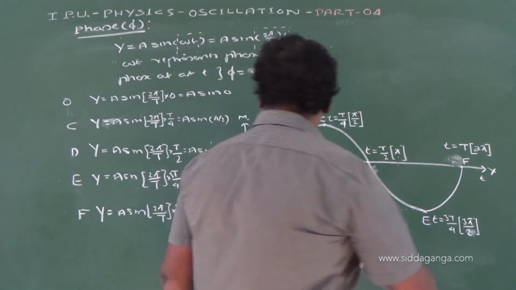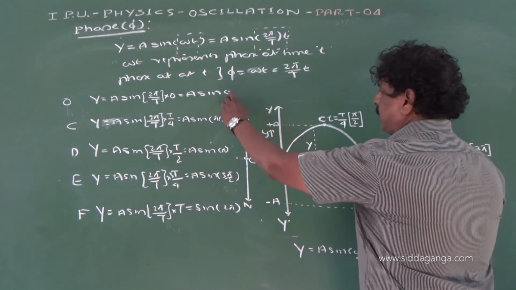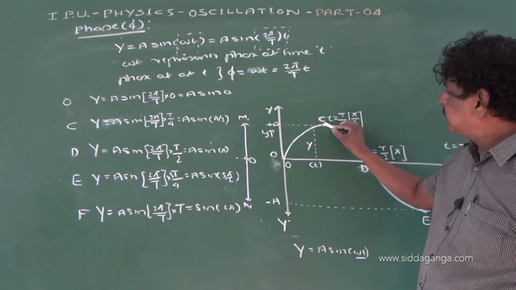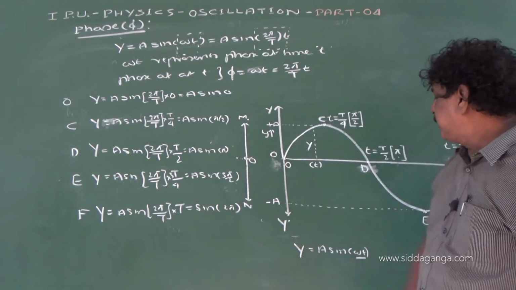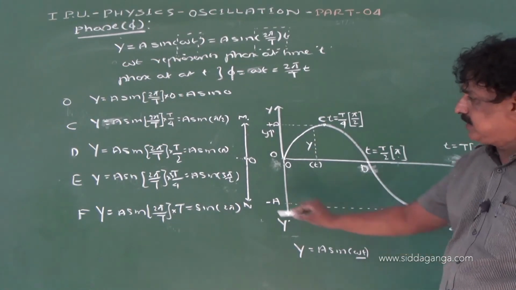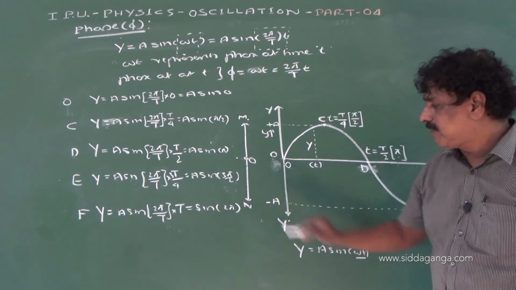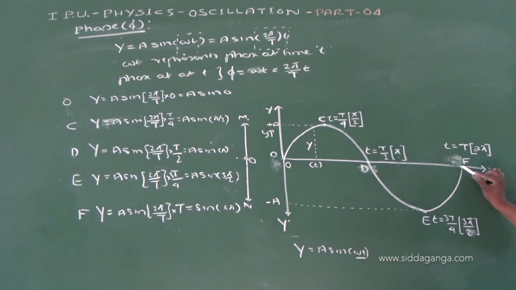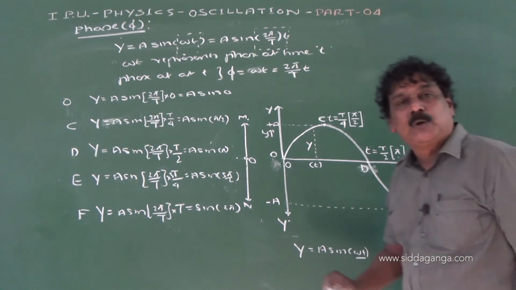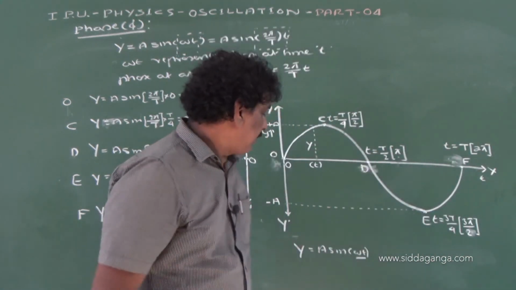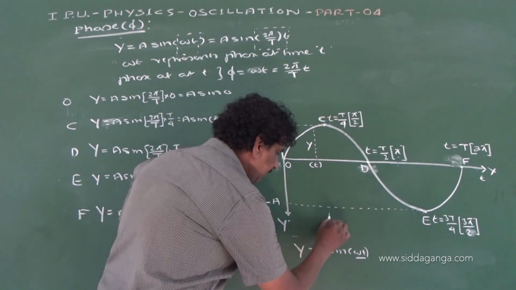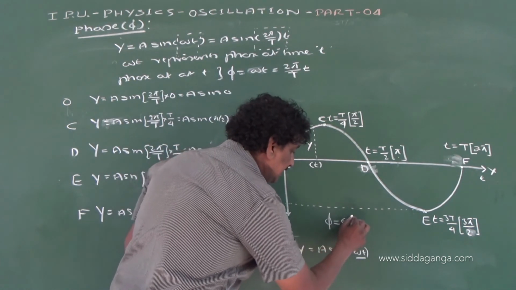See here, at O the phase is equal to 0, at C the phase is equal to pi by 2, at D the phase is equal to pi, at E the phase is equal to 3 pi by 2 and at F the phase is equal to 2 pi. Suppose the phase phi 1 is equal to 60 degree.